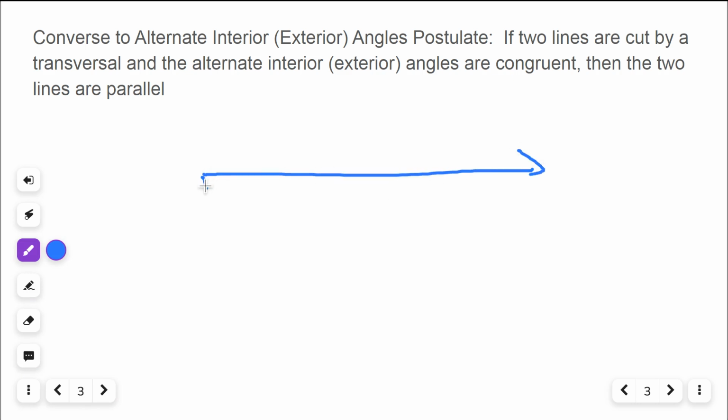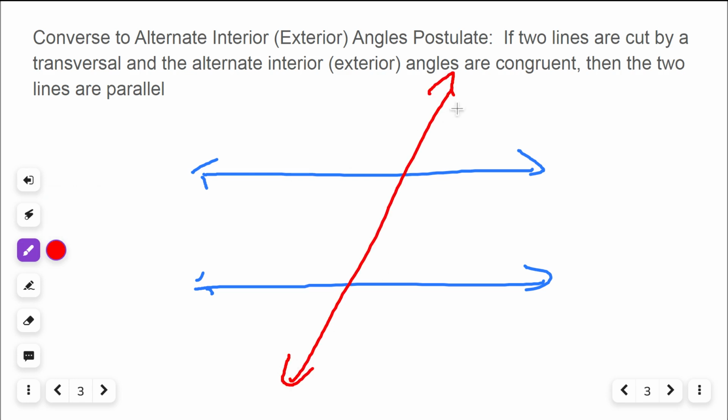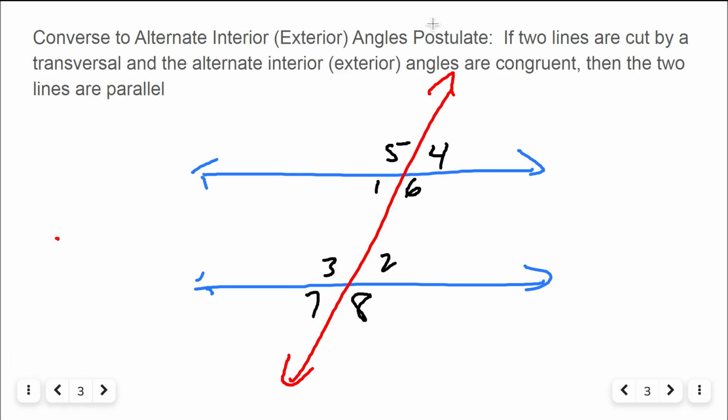Let's say you had two of your lines cut by a transversal, and we'll label up our angles here. 1, 2, 3, 4, 5, 6, 7, and 8. Okay. Let's say you were given angle 5 is congruent to angle 8.